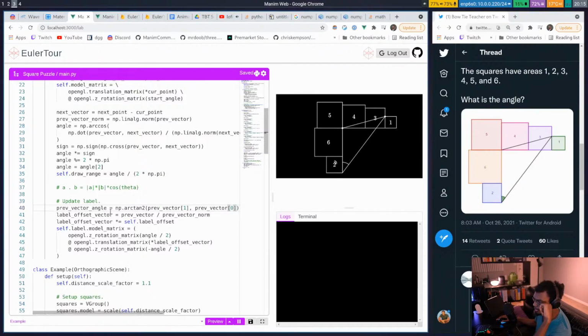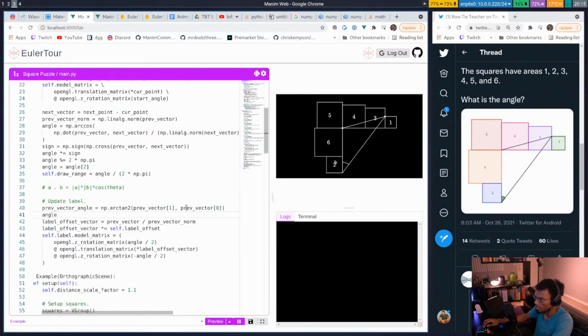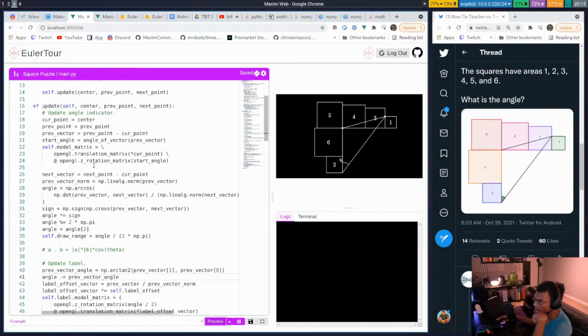I think I want angle minus equals that. So close. The angle's the angle between these two.